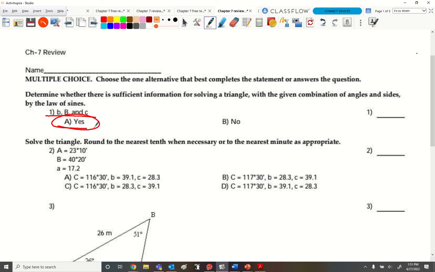All right, next one. Solve the triangle, round to the nearest tenth whenever necessary, nearest minute as appropriate. So, is there a triangle here for this? So we have to start with that.